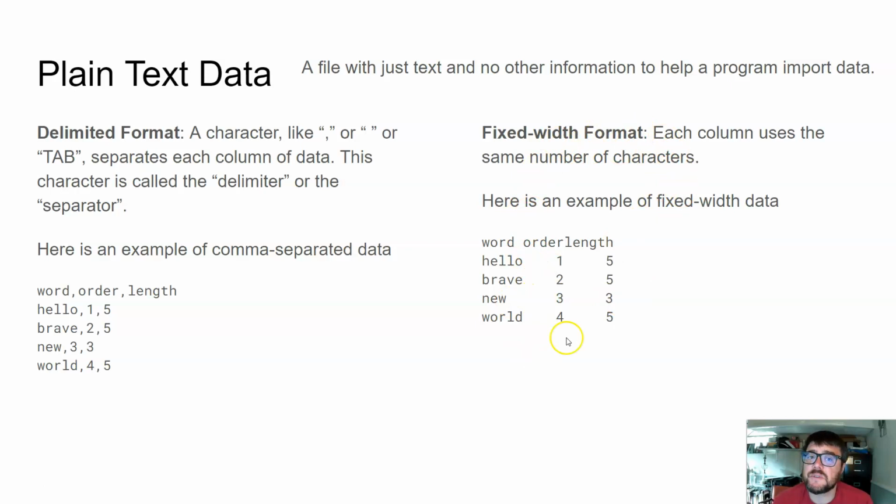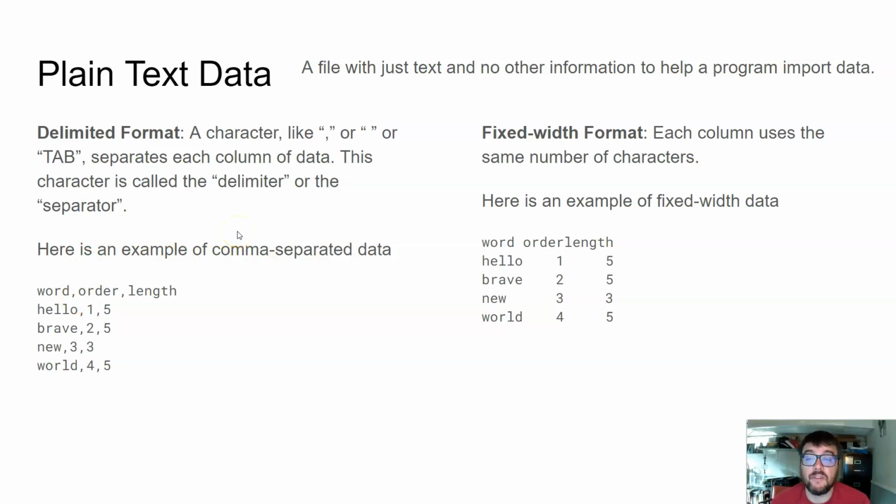We don't tend to use fixed width very often because of a variety of reasons. For example, if we had a word that was 6 letters long, we'd have to change the width of every column, and ain't nobody got time for that. So generally speaking, we use delimited. Tab and comma delimited are the most common. I personally prefer comma delimited, so we're going to use comma delimited or comma separated values every time we need to deal with plain text in this course.